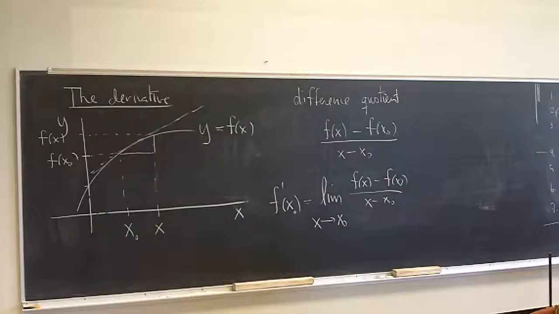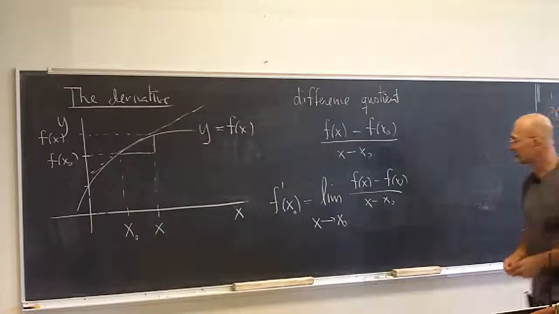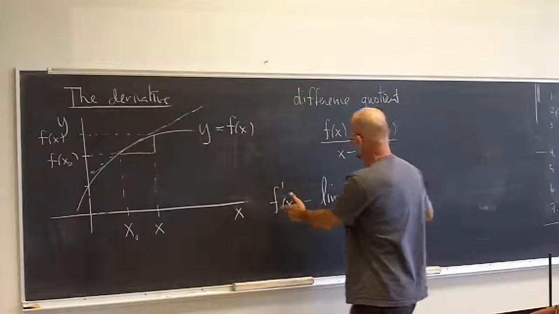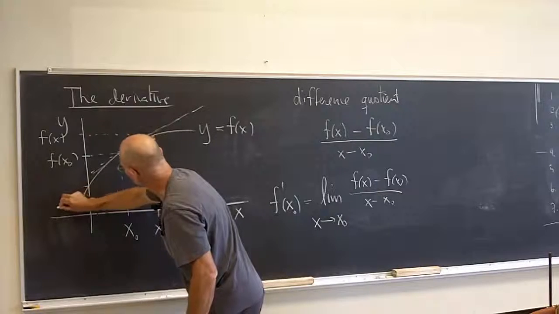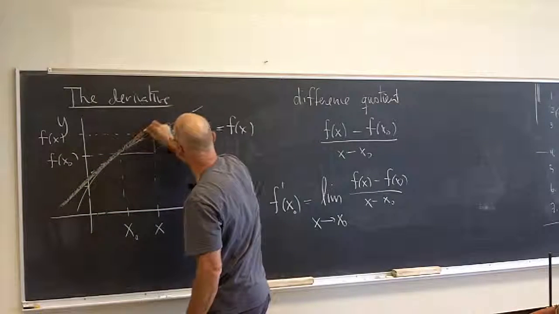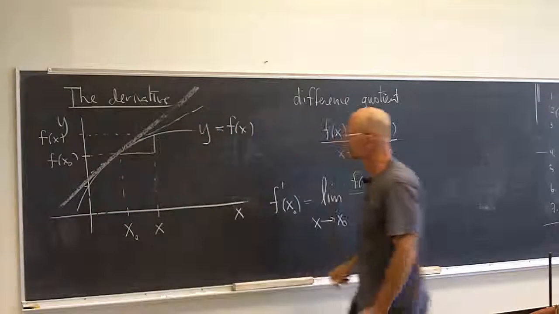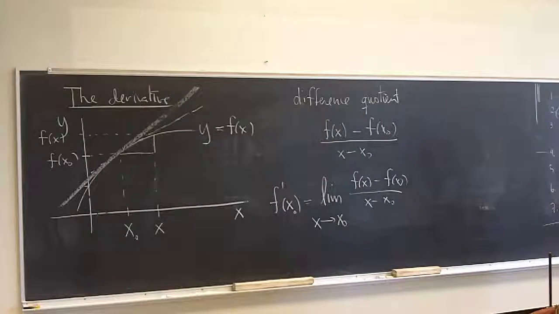That's an operation, and what it actually gives us is the slope of the line tangent to our curve. I'm going to draw that in as a bold line. So that's the derivative as given by its formal definition.